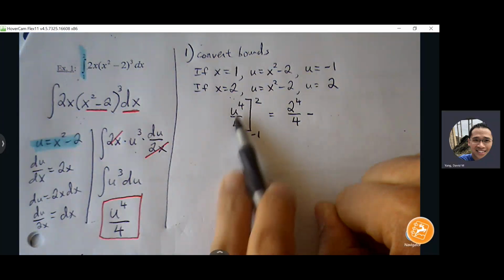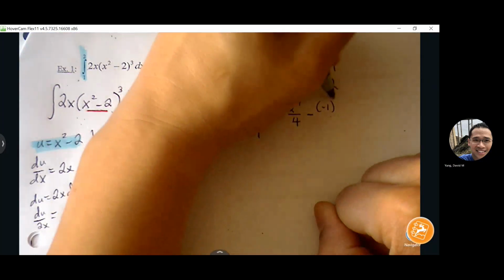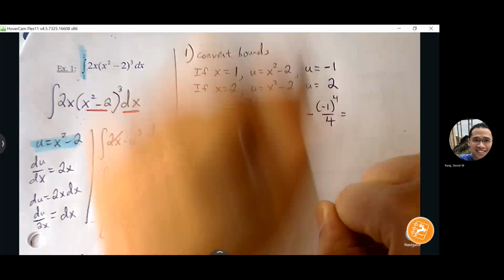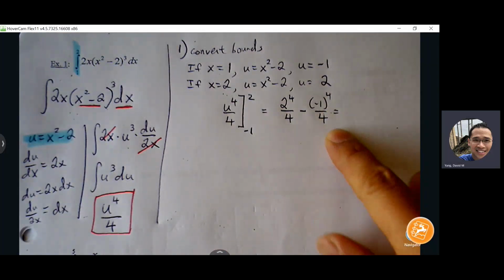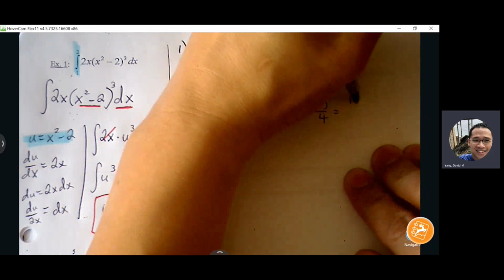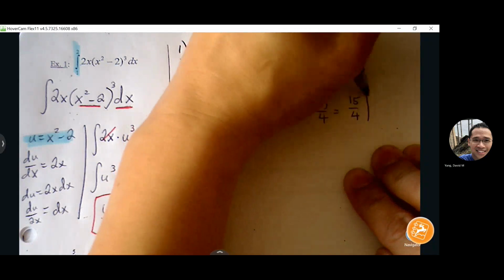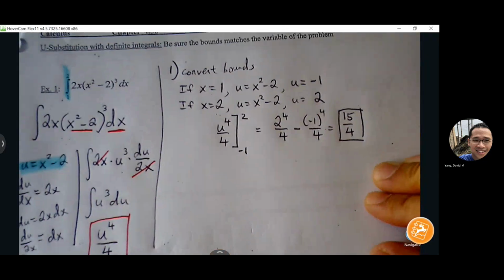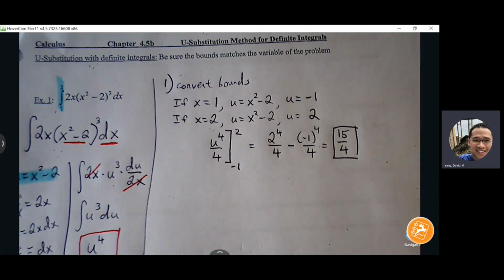Then the lower number here. So 16 over 4 minus 1 over 4 is 15 over 4. That is how we find definite integrals with u substitution stuck in that process.